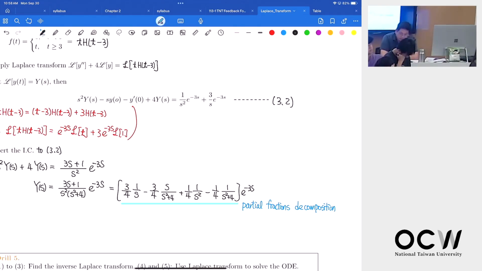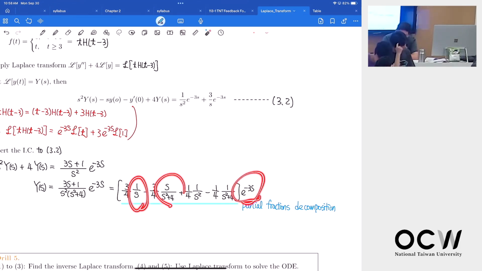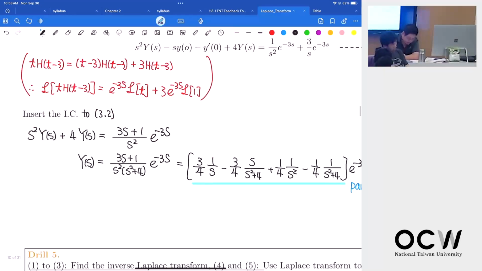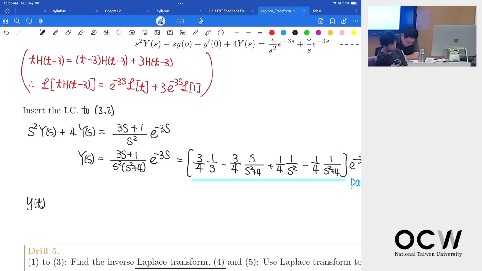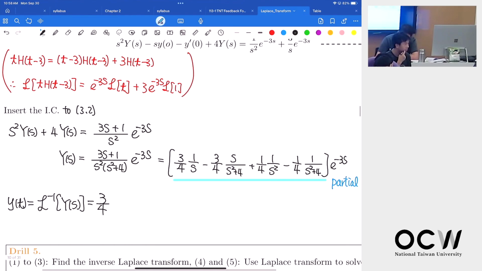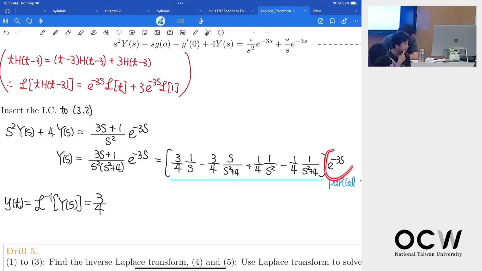Then you can check the table when you do the inverse Laplace transform to find your solution here, here, here, and here. So your solution will be the inverse Laplace transform of your Y. The first term, there will be 3 over 4 times 1 over s. We know that the Laplace transform of 1 is 1 over s. So here, if you take the inverse, and now I also have the e to the minus 3s term, so this should be h(t minus 3).